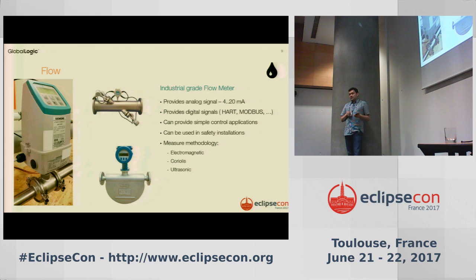Even those flow sensors at homes have recently been upgraded with some wireless technologies that can send those measures to the utility company. But in industry, the sensors need to be more robust and more accurate. So on the market, there are several kinds of them, and they can be divided based on the methodology used.